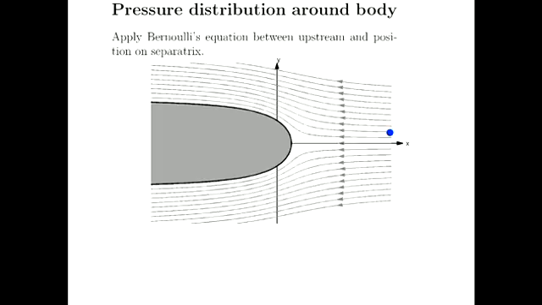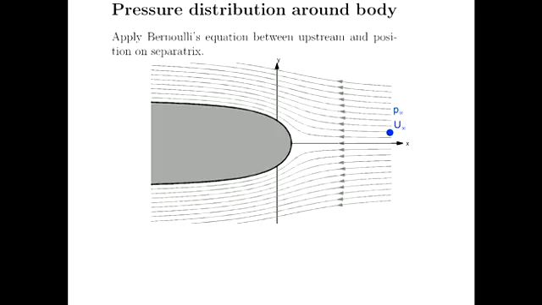So I can consider a point far upstream of that half-Rankine body, and generally, when you apply Bernoulli's equation, you try to apply it from a point where you know something about the flow. So in this case, we'd go far upstream of that body, where we'd presume that we knew what u infinity and p infinity were.